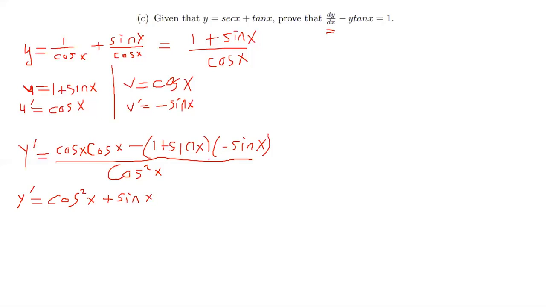And then negative sine x times negative sine x, I'm going to get a plus sine squared x.